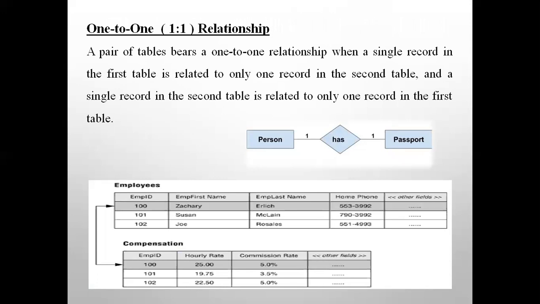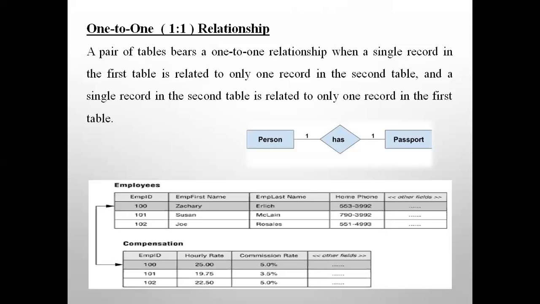First one is the one-to-one relationship. Such a relationship exists when each record of one table is related to only one record of the other table. Such a relationship is not very common, but it's used for security purposes. For example, if there are two entities, person and passport, each person can have only one passport and each passport belongs to only one person. Here we can easily store the passport ID in the person table only.